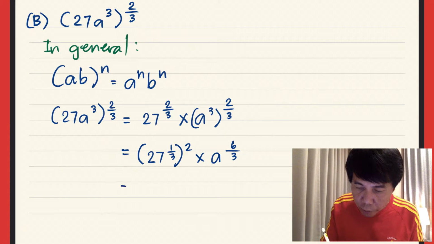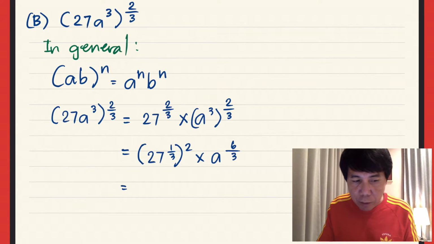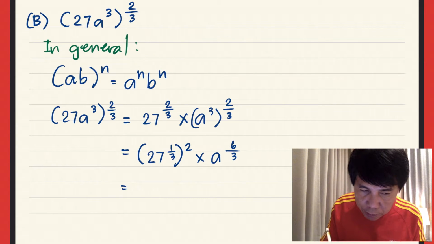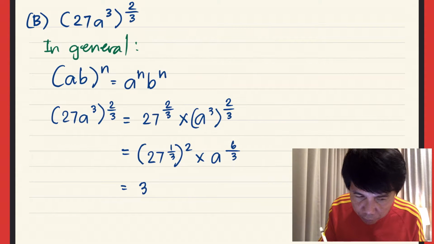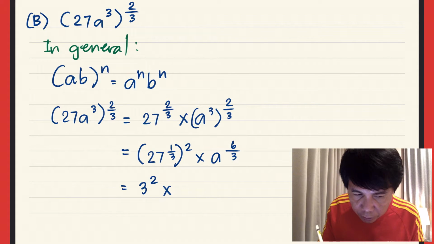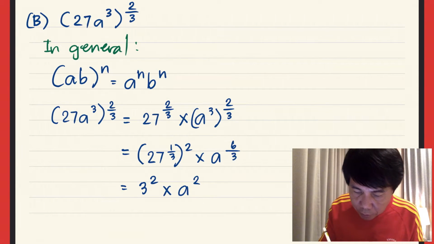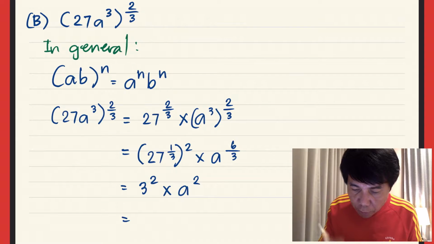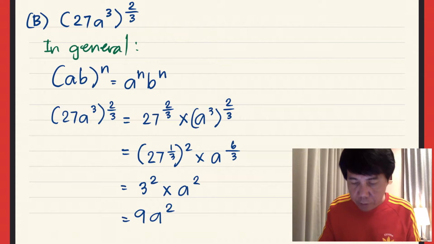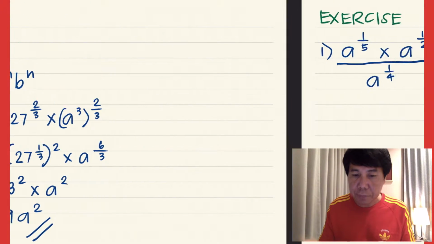Then what we have to do is 27 raised to the power of 1/3 is the same as the cube root of 27, which is equal to 3, raised to the power of 2, times a raised to the power of 6 divided by 3, which is 2. Then 3 squared is the same as 9, and then a raised to the power of 2. This is the simplified one.